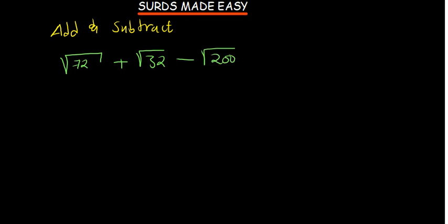Alright, so this is what we have. We want to work out these questions: add or subtract square root of 72 plus square root of 32 minus square root of 200.